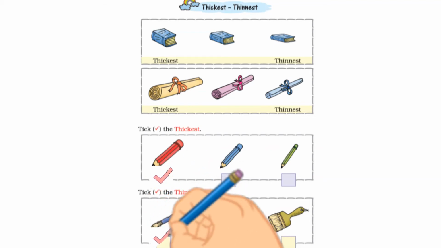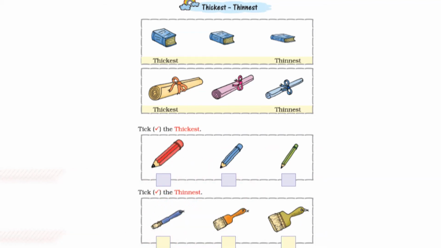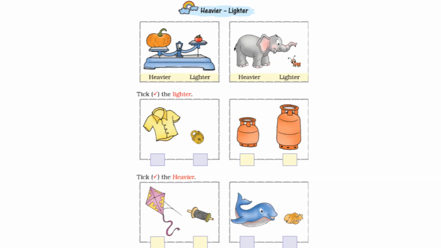Right. Heavier and lighter. You know the meaning of heavy and light? Heavy means heavy, light means light. So they have compared two things. So there is the ER ending we have used. Heavier and lighter.